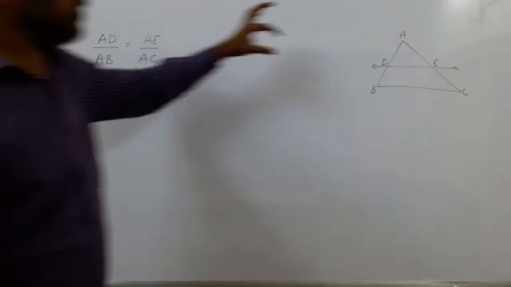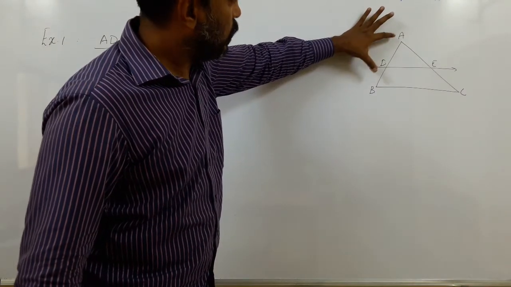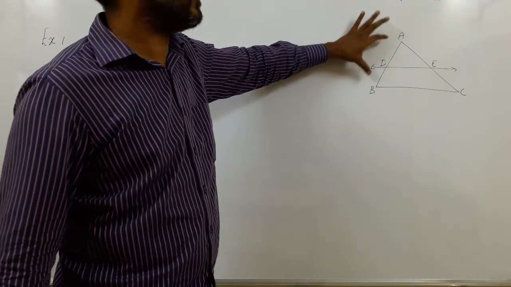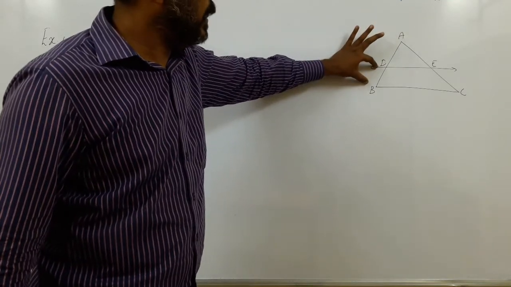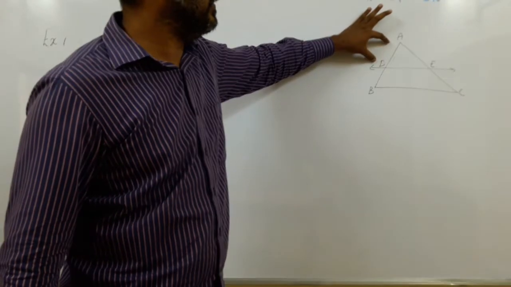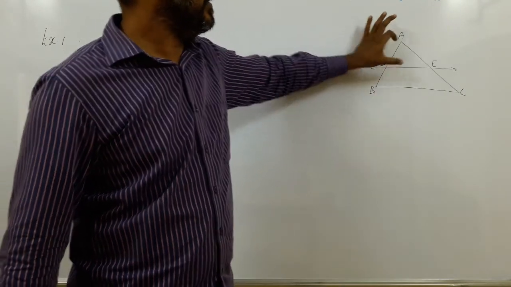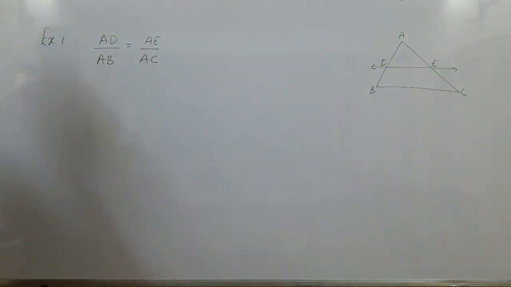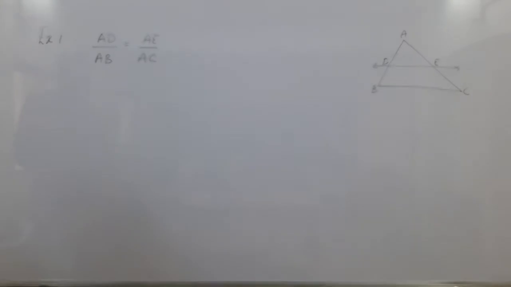But this time they want a separate proof. They want AD, part of the whole, upon AB. Last time they both were parts. We had AD upon BD equal to AE upon EC. This time we have to prove AD upon AB equal to AE upon AC. Okay? So we get this proof from the theorem only.